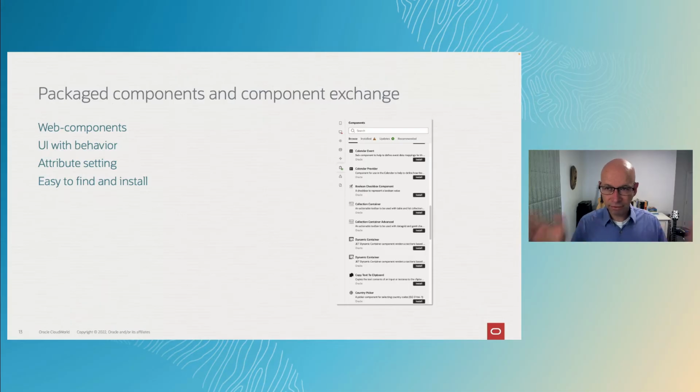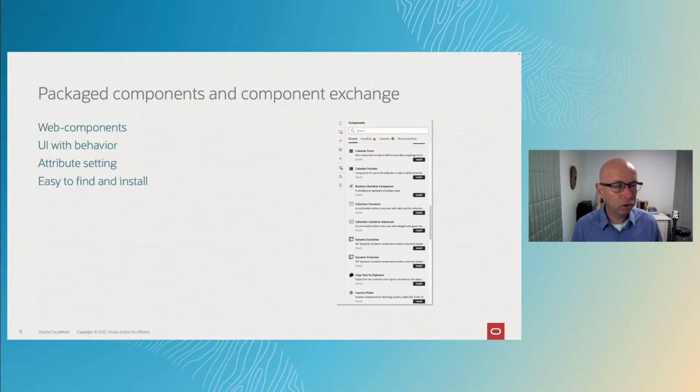Now, beyond a fragment, which is a full section of a page, we also have what we call a component exchange. So those are reusable UI components that developers can use in their application. And those can range in complexity from single fields with some sort of validation, for example, an email validation field, or a phone number validation field, or an address field, to more complex things like a calendar component, or even components that have built-in integration with other stuff inside the Oracle stack.